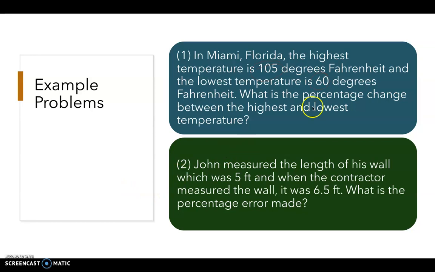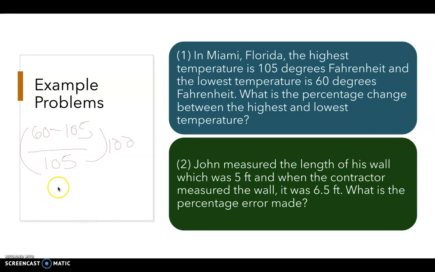So that means I'm gonna remember the formula: new minus original value divided by the original value multiplied by 100. Okay? So let's plug it in now. So 60 minus 105 divided by 105 multiplied by 100.